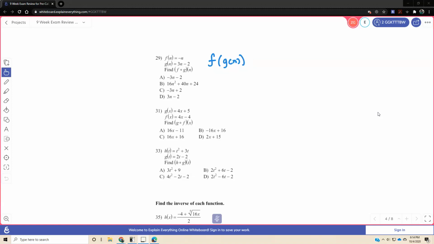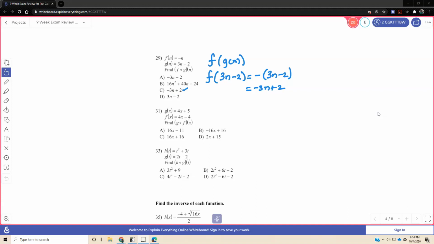So whatever G of n is going to go into F of n. So we're going to have F of G of n, where G of n is 3n minus 2. And we know that F of n is negative, and then whatever the input is, 3n minus 2. So it's negative 3n plus 2. So the answer is C.